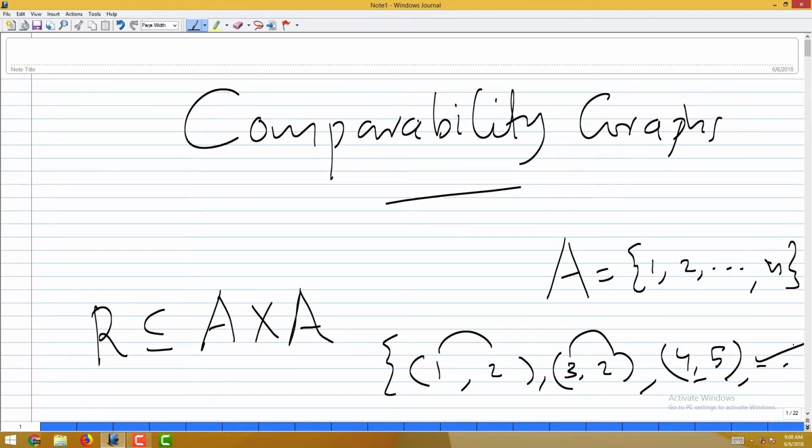What kind of graph does it naturally map to? In its full generality, it is a directed graph, because a pair becomes an edge, an ordered pair becomes a directed edge.